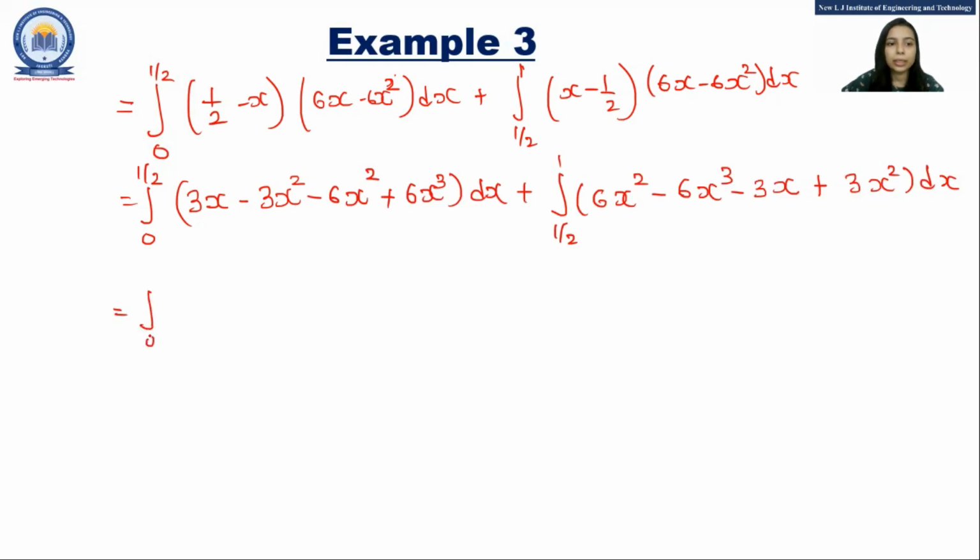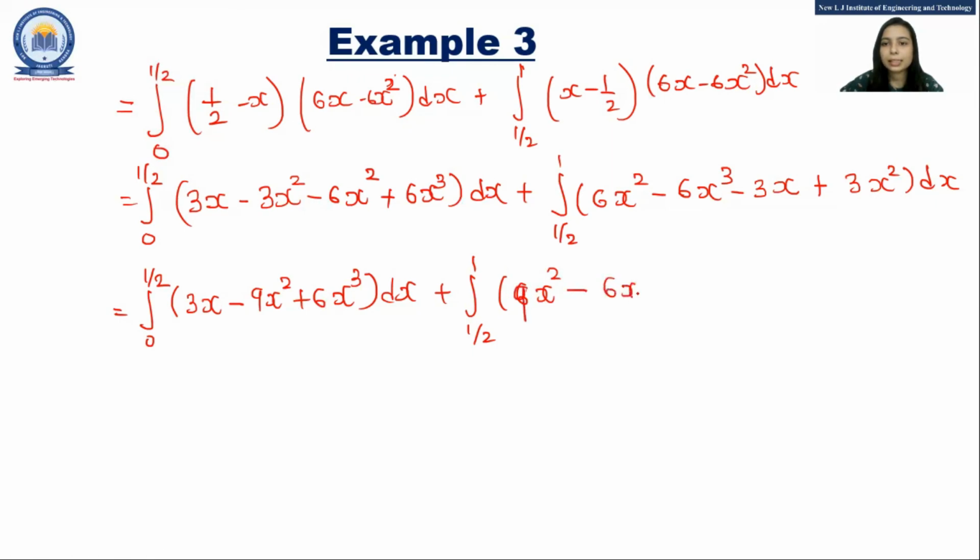That is equal to integration from 0 to 1 by 2, 3x minus 9x square plus 6x cube dx plus integration from 1 by 2 to 1, 6x square plus 3x square, so that is 9x square minus 6x cube minus 3x dx.